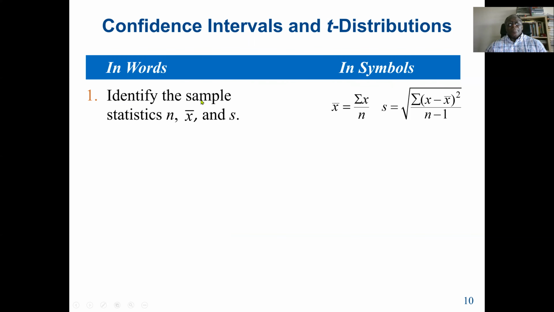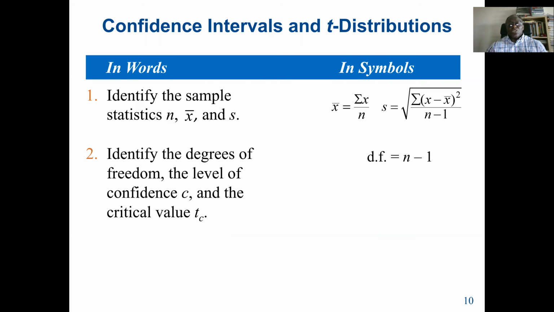So these are the steps in deciding whether to use the t distribution or the standard normal curve. First, identify the sample statistics, such as the sample size, sample mean, and sample standard deviation.